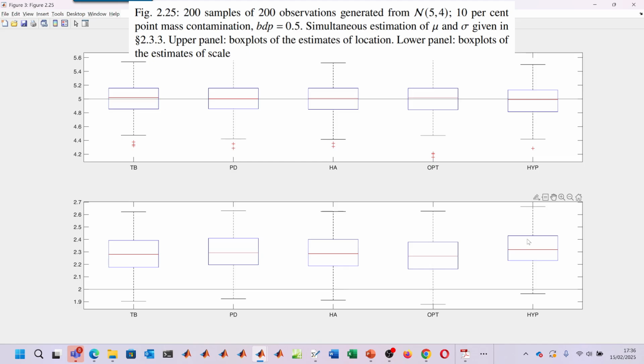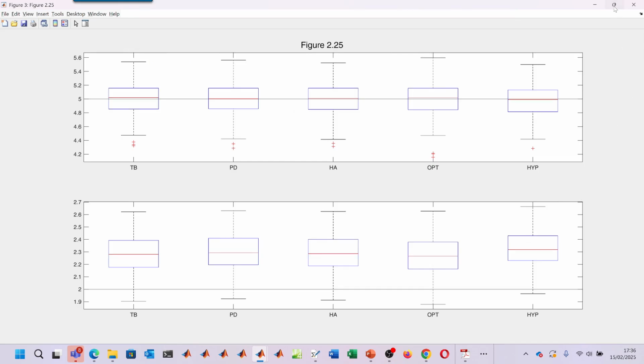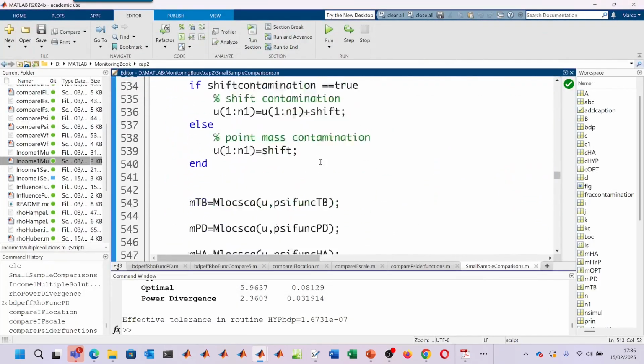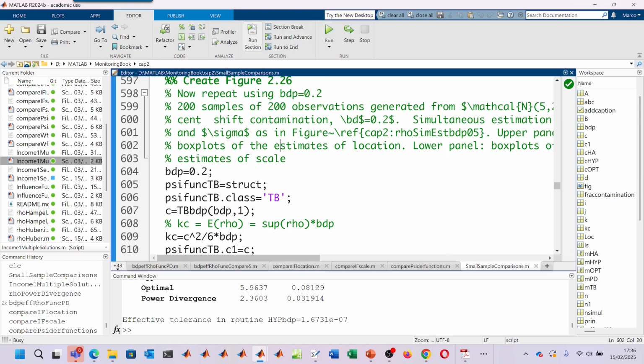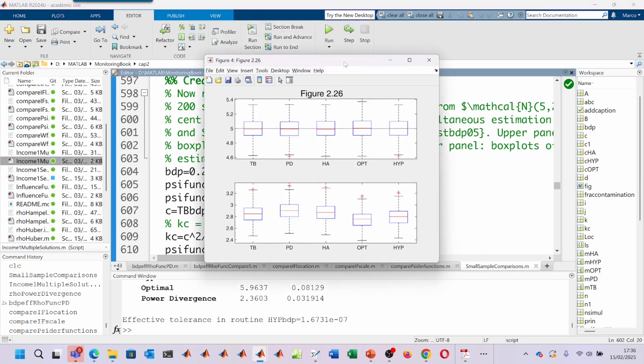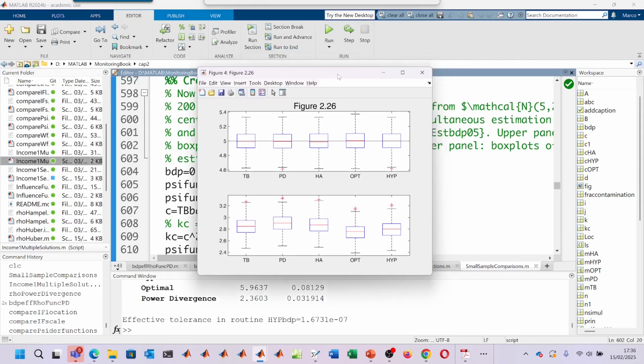So very different from the true contamination level. Now we want to repeat this plot, but now we consider a value of breakdown point equal to 0.2.